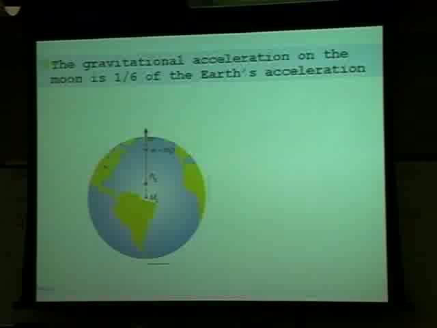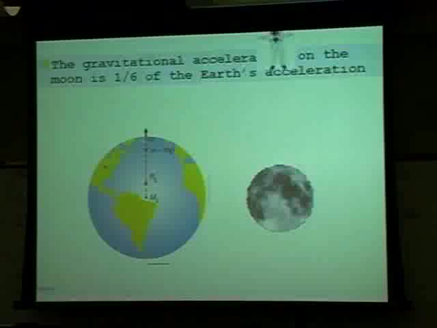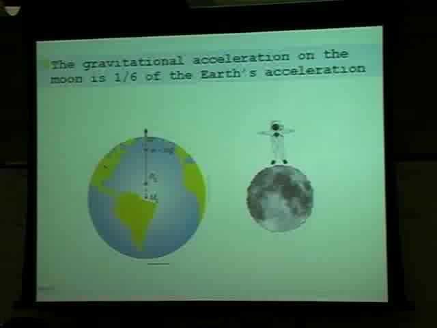So if you're standing on the Earth, let's say you actually weigh 180 pounds on the Earth. If you travel to the moon, it is a lot smaller than the Earth. Its radius is about 1/4 the radius of the Earth. So you're a lot closer to the mass of the moon if you go to the moon, and that would have an effect of increasing the gravitational attraction between you and the moon.